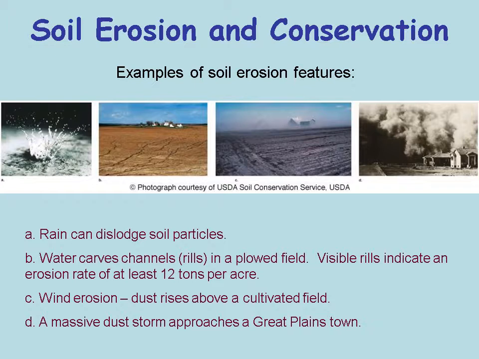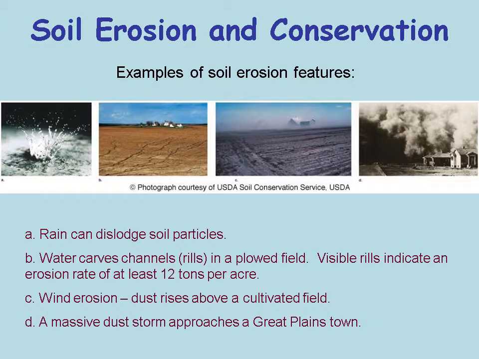Let's develop this concept of soil erosion and things that help cause soil erosion issues. Well, look at the left picture. You see a raindrop hitting the ground, and notice that as soon as it hits, it splats and soil particles are dislodged. That's why if you stand in mud and rain hits next to you, your shoes get all dirty, because rain is hitting and moving the soil particles up and then getting your shoes muddy.